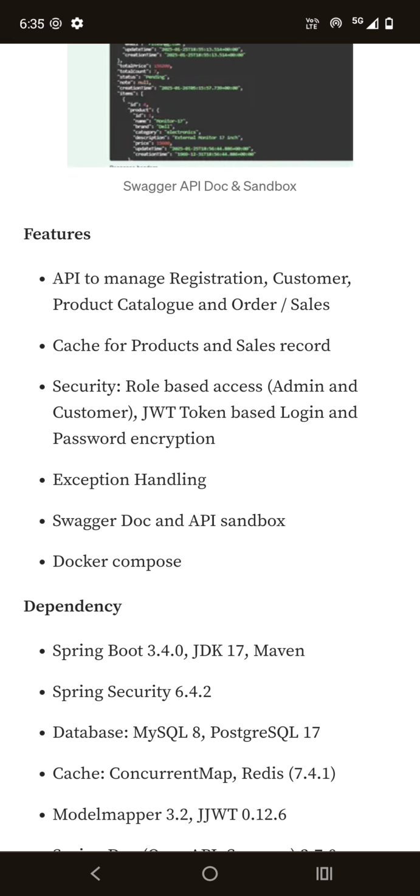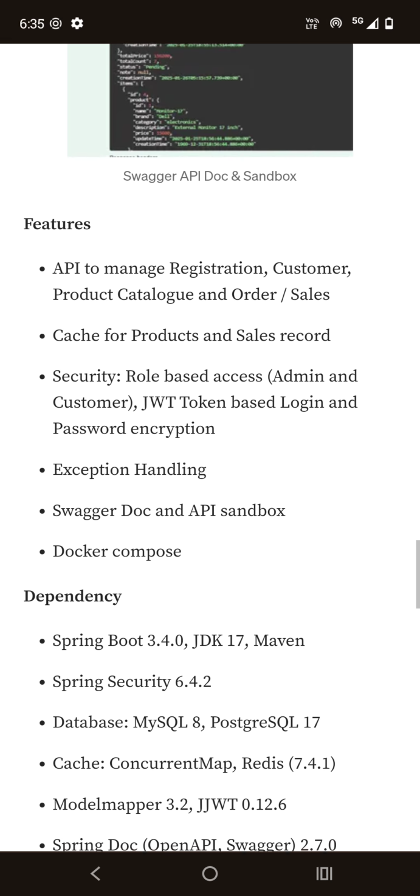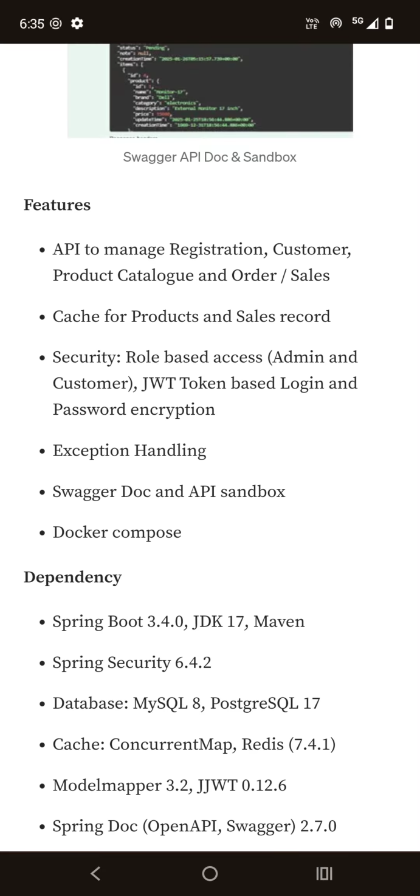And exception handling. If you are building any application, you need to make sure the application is built properly.